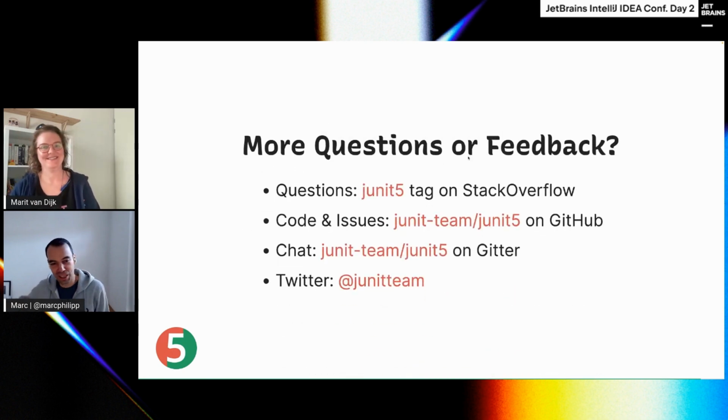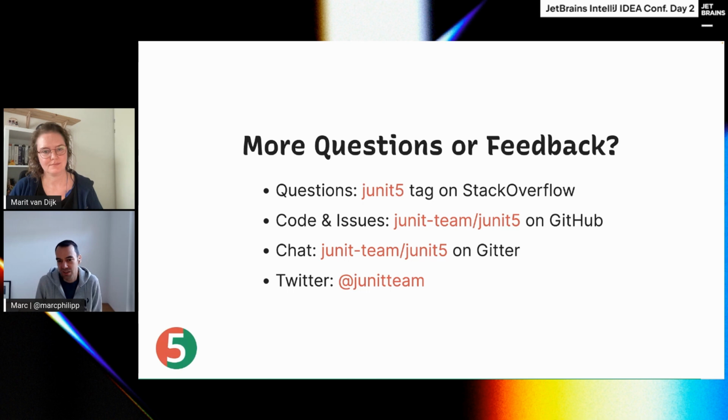I just wanted to point out, there's other ways of asking questions. For example, Stack Overflow has a JUnit 5 tag, which we look at occasionally as well. And by now the user base is also large enough that the questions kind of answer themselves, so that the JUnit team does not have to be involved there at all times. Of course, if you have any kind of feedback, we would love to hear from you.